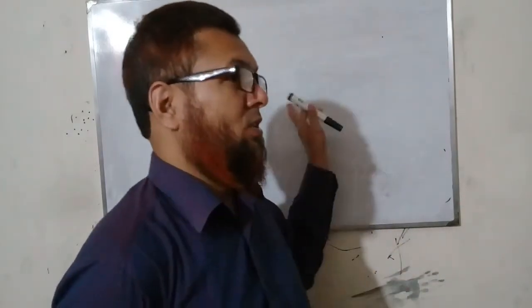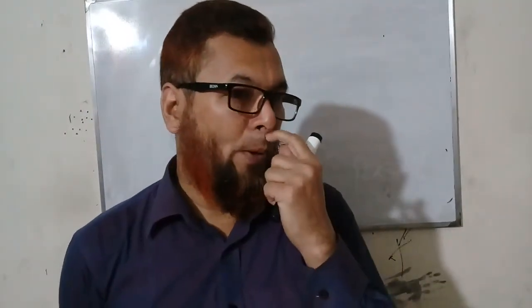Test statistic, the appropriate test statistic is t test. And finally comment. Here if calculated t is greater than tabulated t at 5% level of significance, then we may reject the null hypothesis, otherwise accept it.